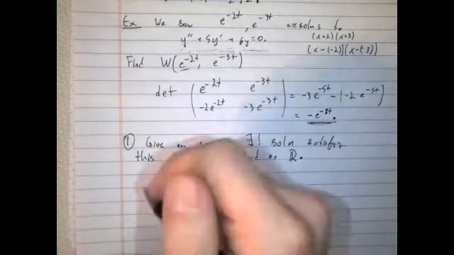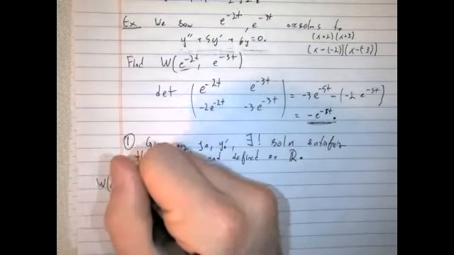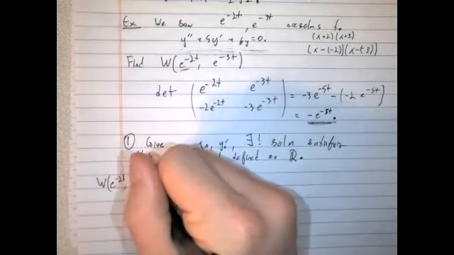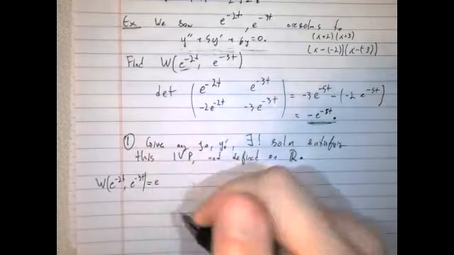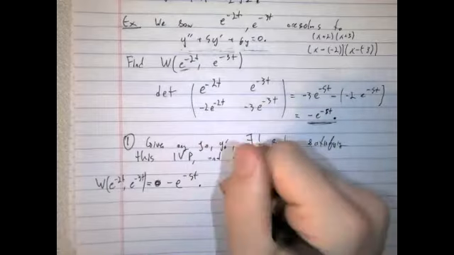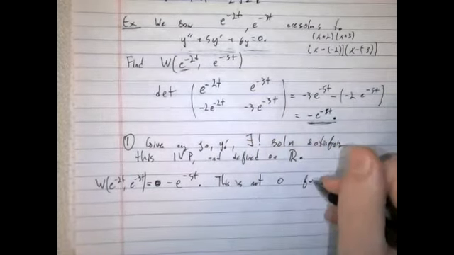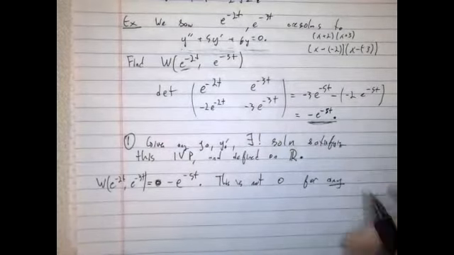No. The Wronskian of e to the negative 2t and e to the negative 3t is equal to negative e to the negative 5t. This is not 0 for any t0.